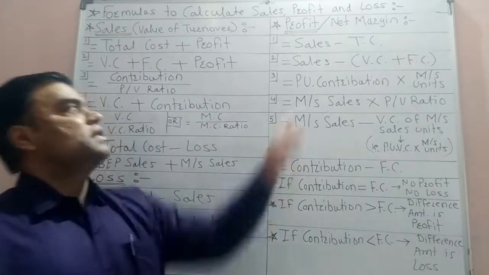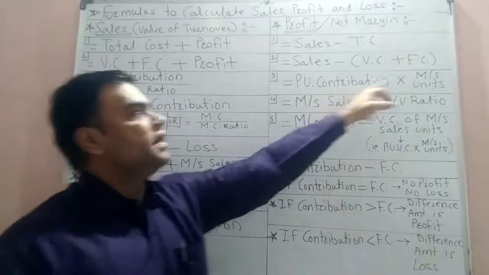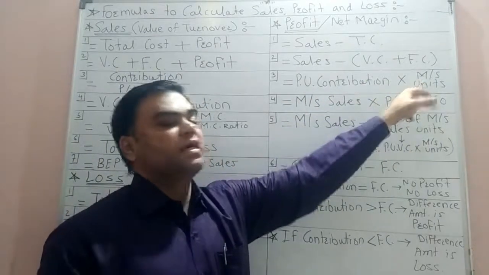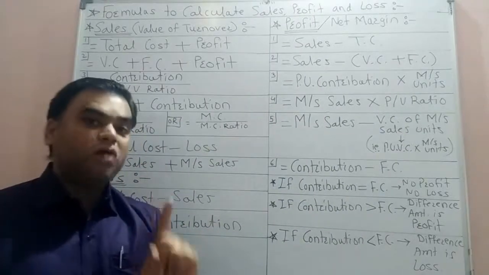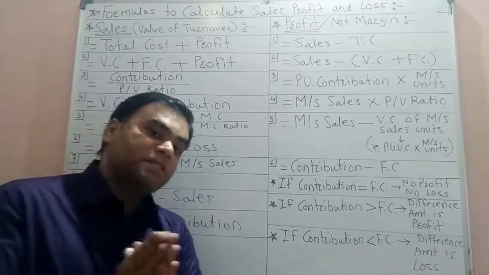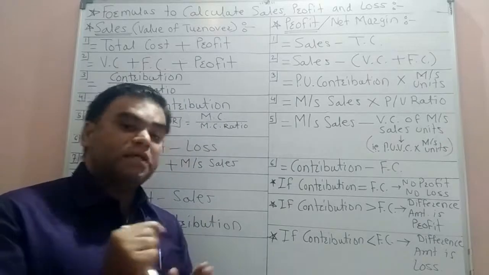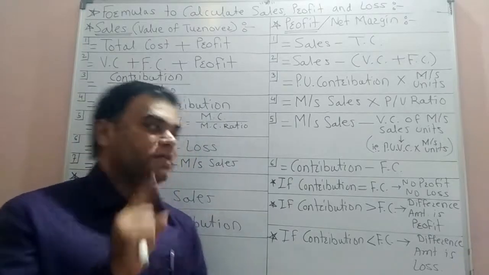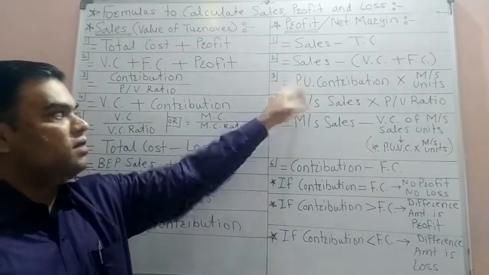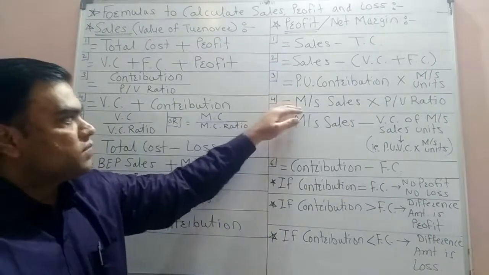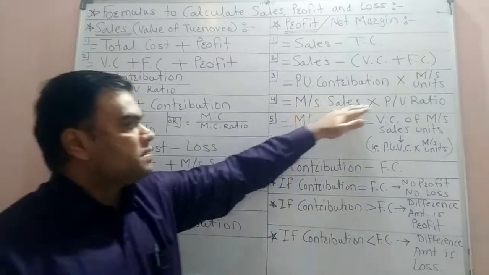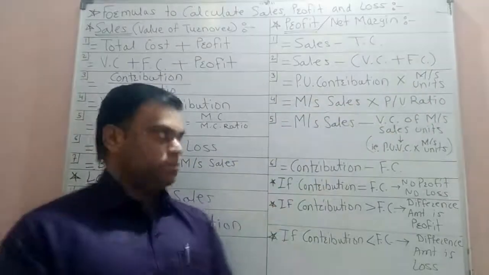So per unit contribution into margin of safety units is equal to profit. Next formula: profit is equal to margin of safety sales into PV ratio.